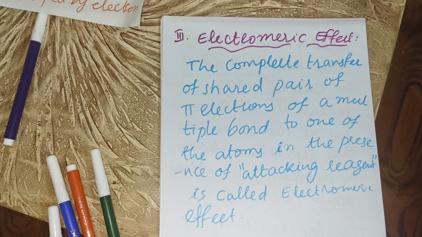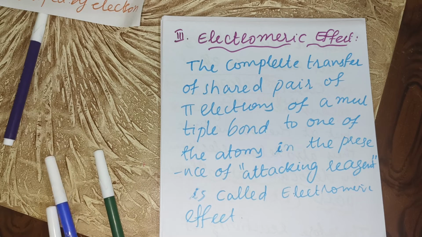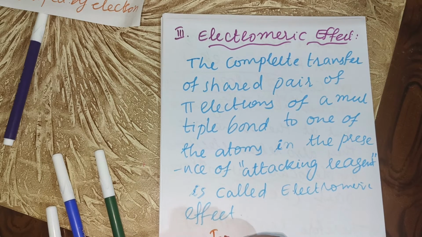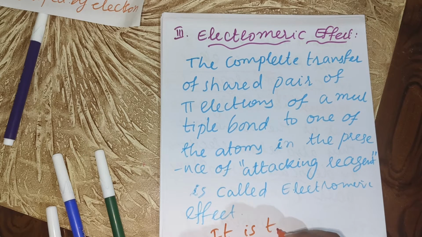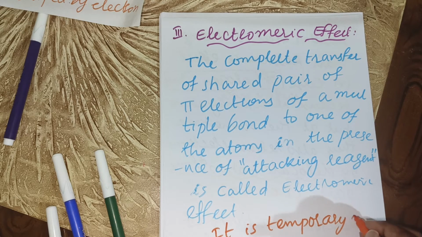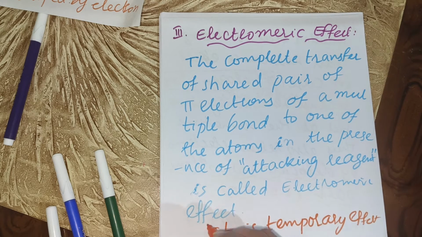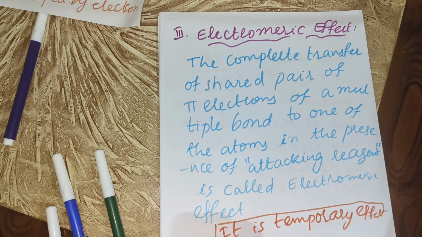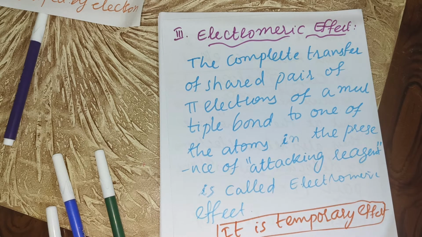Already we have seen that the mesomeric effect is a permanent effect and the inductive effect is also a permanent effect, but the electromeric effect is a temporary effect. Keep that in mind.